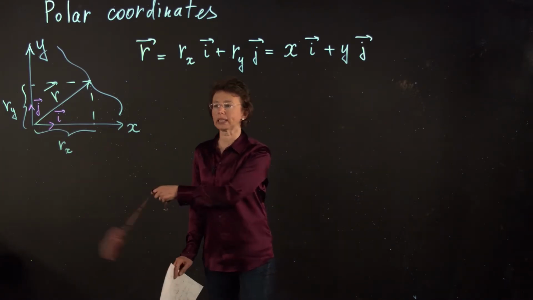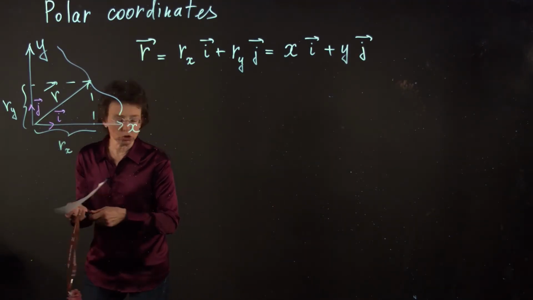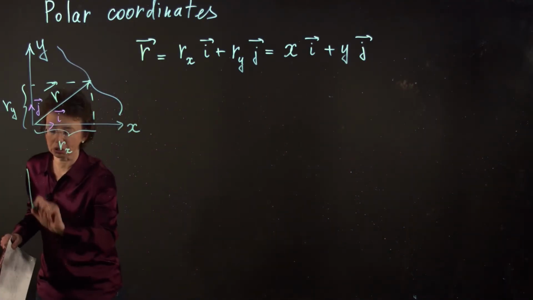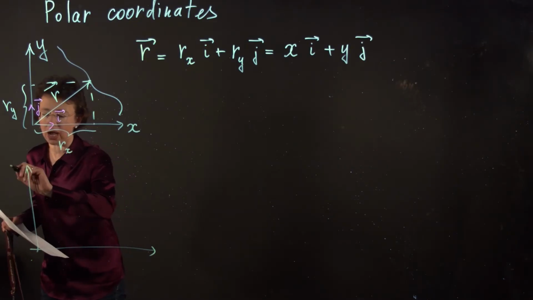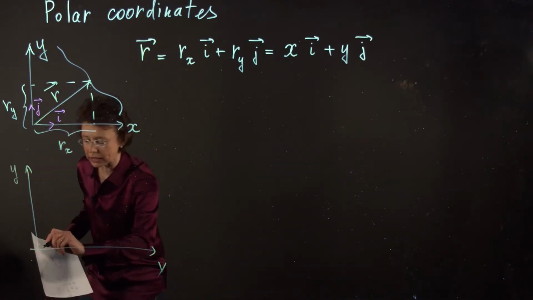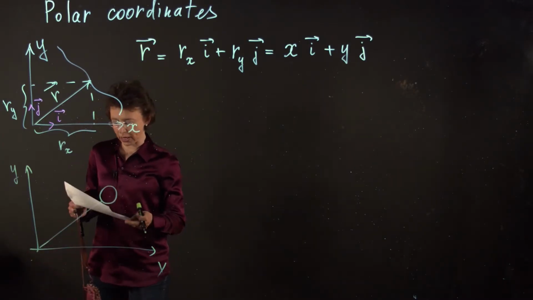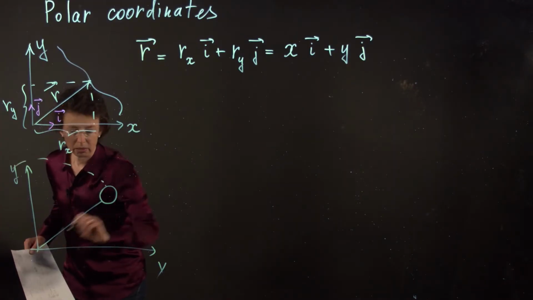So I'm spinning it. In other words, what I'm doing right now, let me draw it. So this is our old x and y coordinate system. I have an object that is attached to a string, and this object is moving.